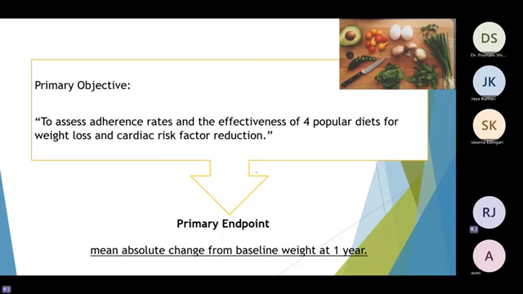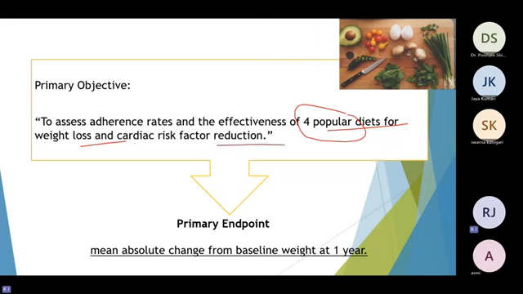For example, I have to assess the adherence rate and effectiveness of 4 popular diets for weight loss and cardiac risk factor reduction. This is my primary objective, right? I want to determine the adherence rate and the effectiveness of 4 popular diets for weight loss and cardiac risk factor reduction.